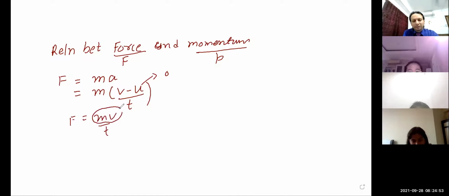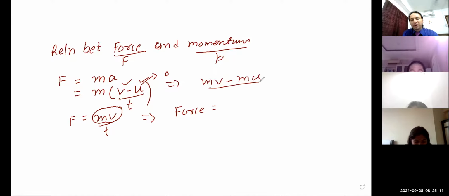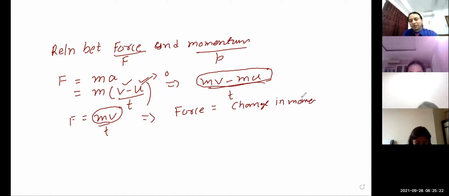What is this mv? That is momentum. So basically it means you can write force is equal to, actually when we write m(v minus u), further, if you open the bracket, you can write (mv minus mu) divided by t. What is this here, in the numerator? This is called the change in momentum, divided by time.